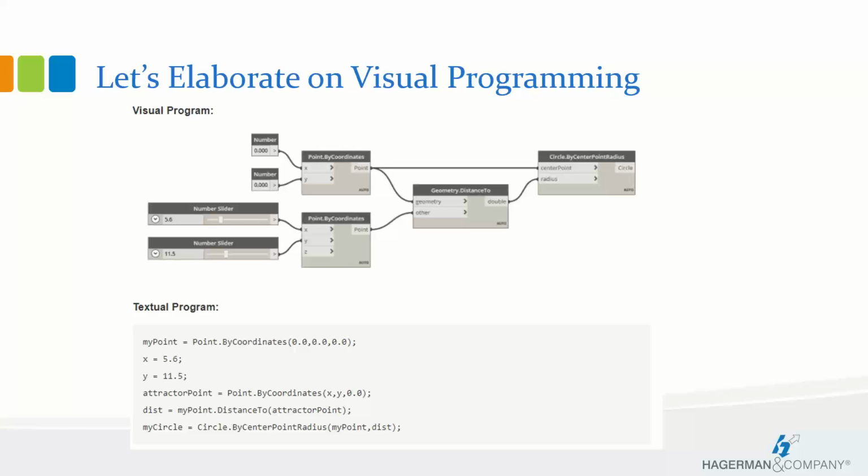Both of these programs produce an algorithm with a similar, or I guess I should say identical, result. They will both produce a circle with a center point at 0, 0 and a radius defined by the distance from the center point to the coordinate 5.6 in the x direction, and I think we were at 11.5 in the y direction.